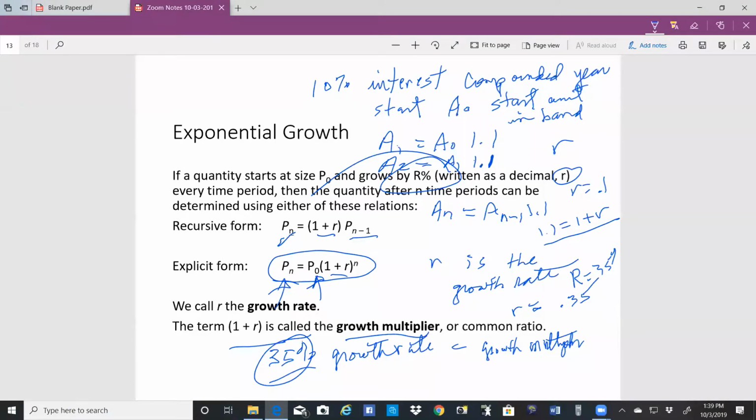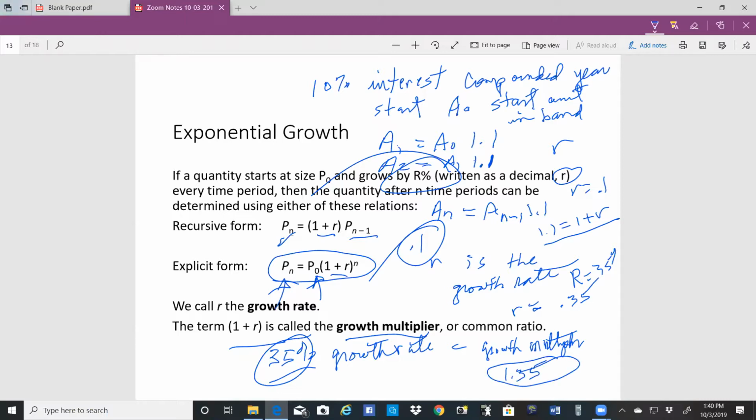It's just like when you get 10% interest. When you were doing this in the first section we covered, you would use 0.1. It's got to be in decimal form. So the growth multiplier is 1.35.